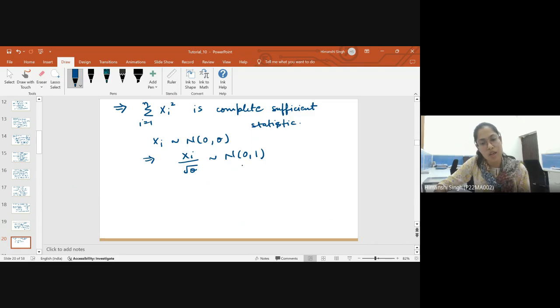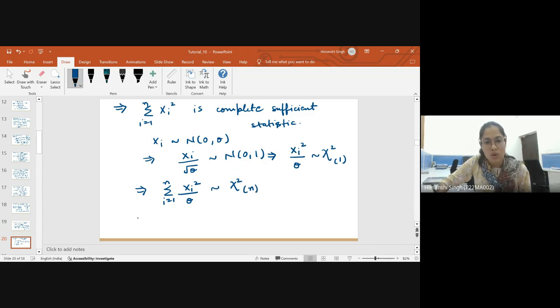So this will be a standard normal random variable, which implies that xi square by theta follows chi square with 1 degree of freedom. So this implies that summation i going from 1 to n of xi square by theta follows chi square with n degrees of freedom.